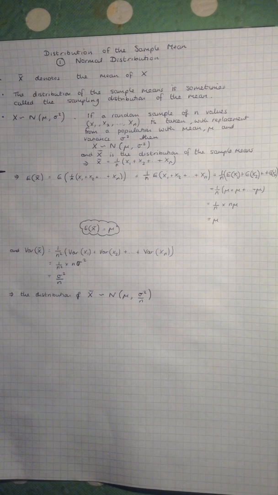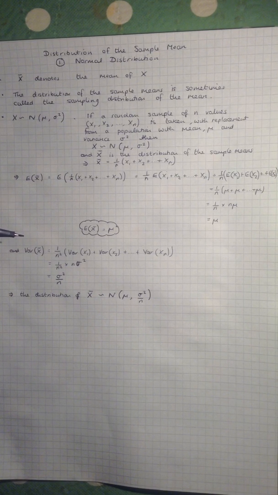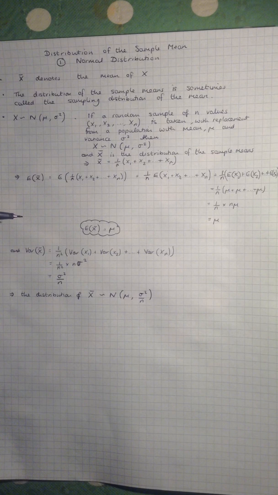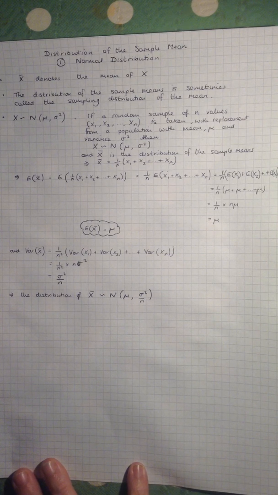which matches the E of x, which is also mu. Doing the same sort of thing for the variance, we know that the variance of ax plus b is equal to the variance of x times a squared.